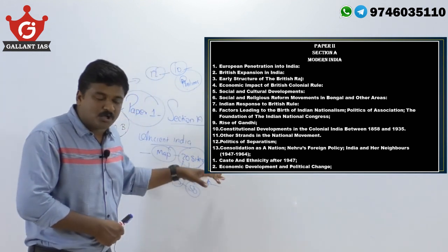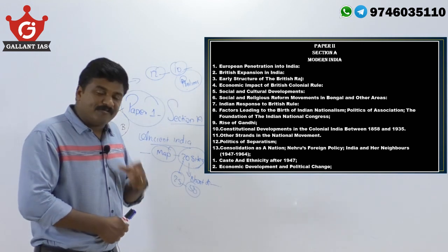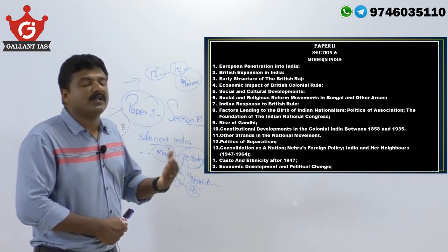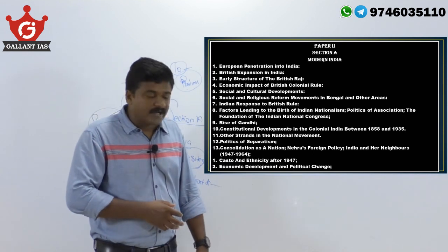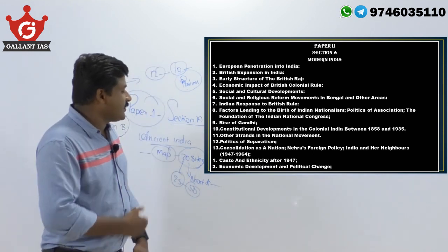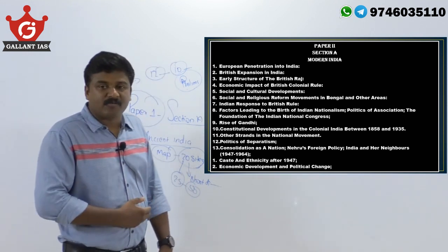Both modern India and post-independence we study here, and definitely this is equally similar to your GS syllabus. So definitely this is what you have to study for modern India.